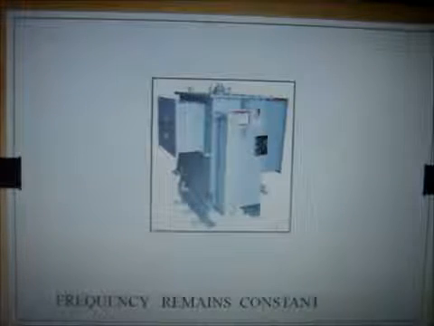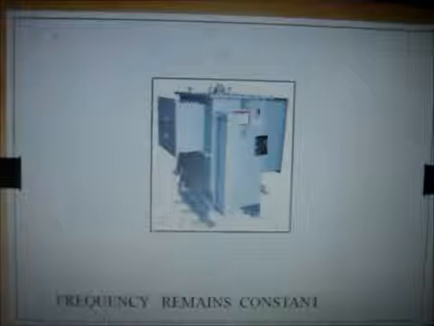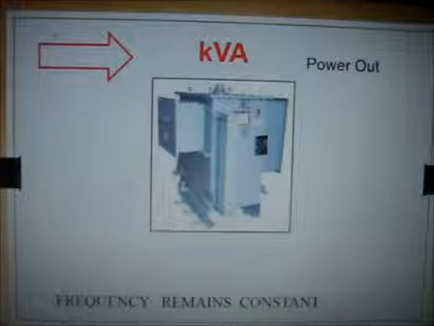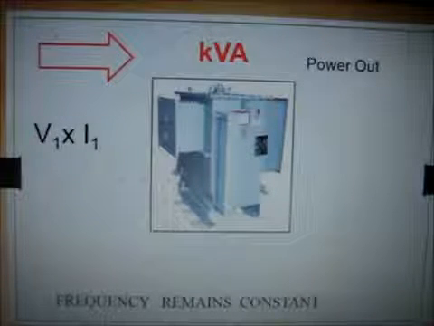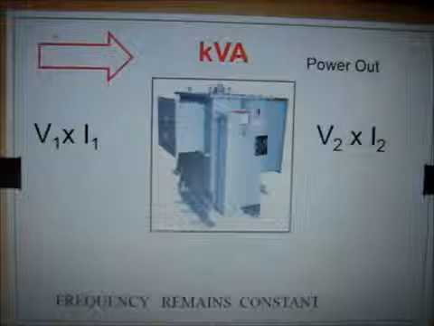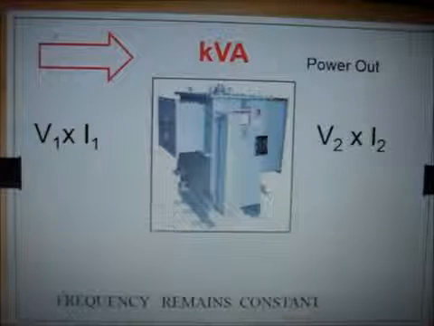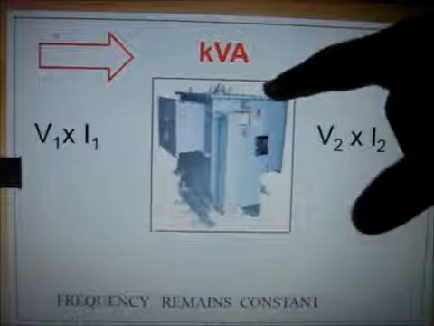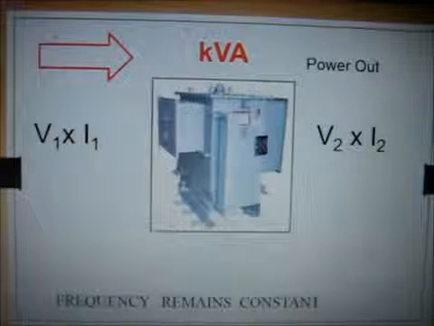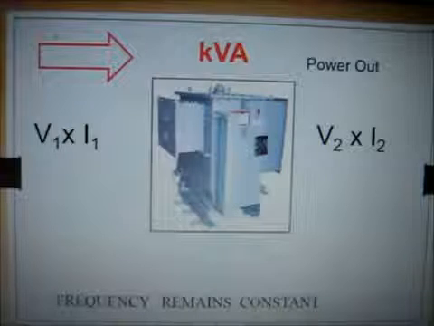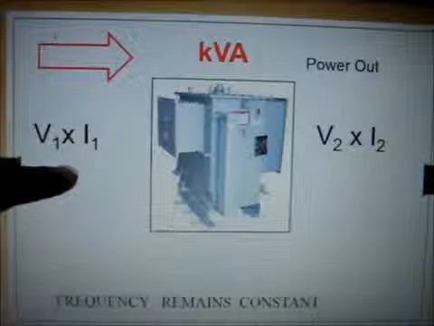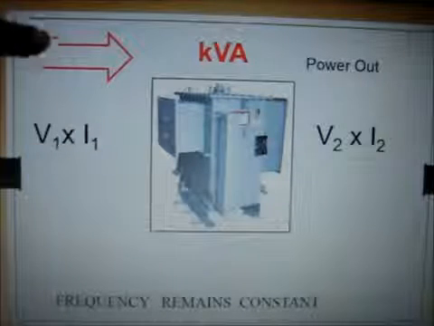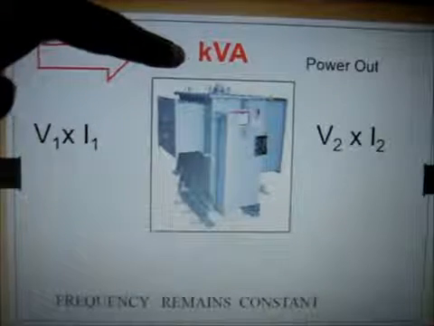Now, as said before, the frequency of the input and output side remains constant, but the power changes. Always remember, the power in case of a transformer is given in kilovolt ampere. It is not kilowatt, as this voltage and current depend upon the magnetic circuit inside it, so the value is given as a unit of kVA.